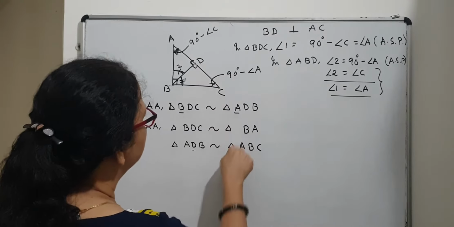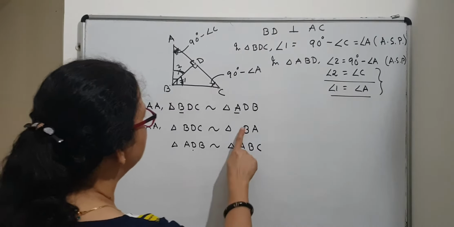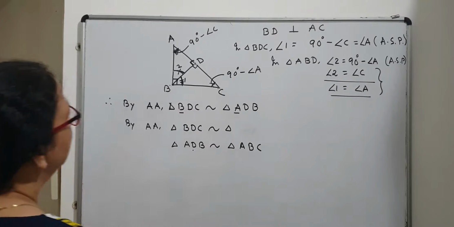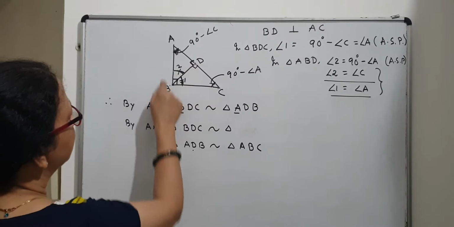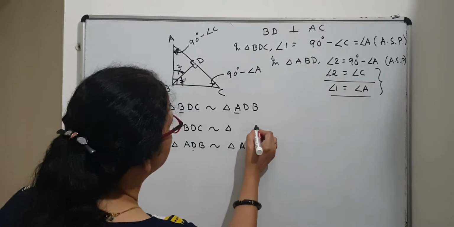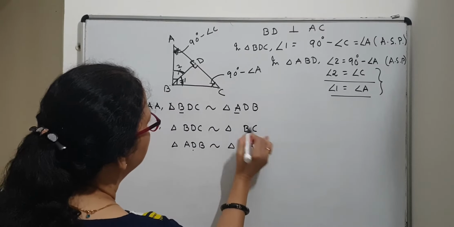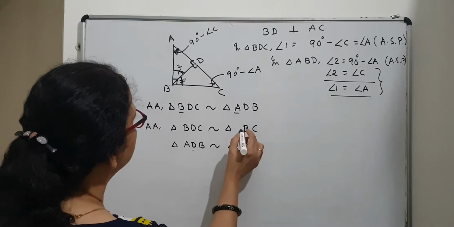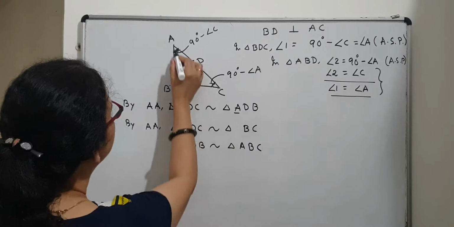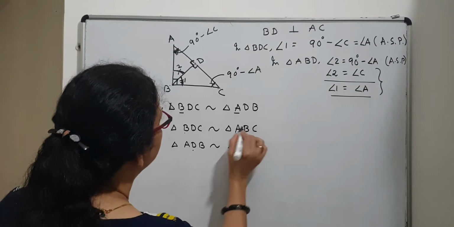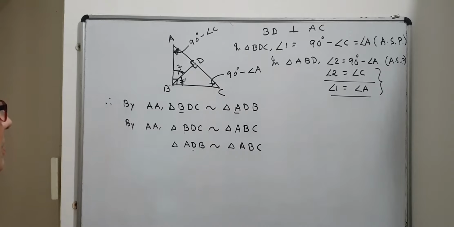Yeah, this should be here. I think this is wrong, because in triangle BDC, C is common, so C will be at the last, and D is 90 here, and here B is 90, so this is also ABC, and this B is equal to A. Yeah, right, and this was wrong, sorry. So this is the thing.